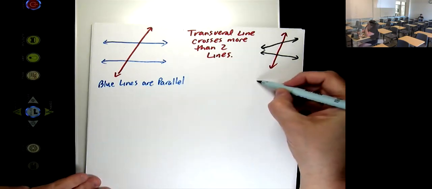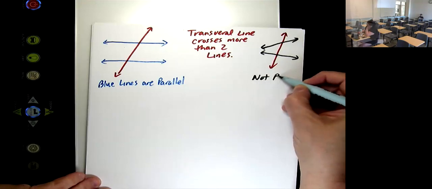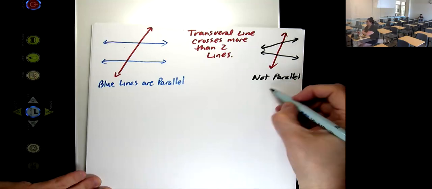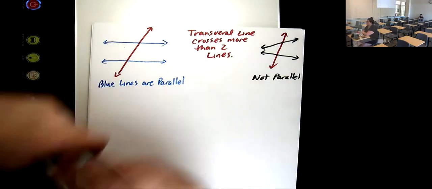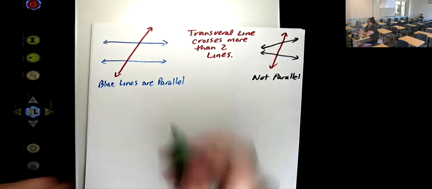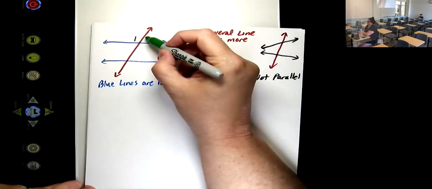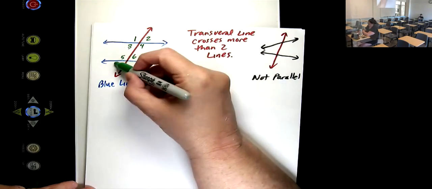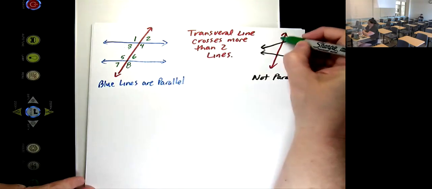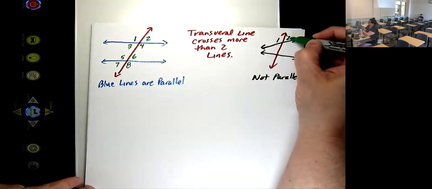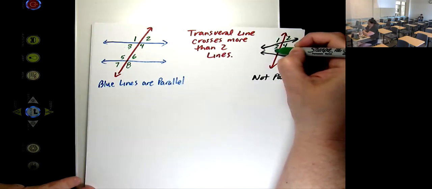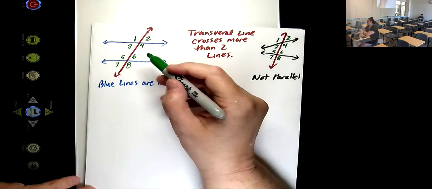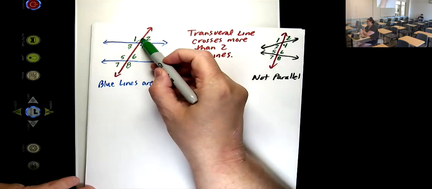Over here, they are not parallel. But I'm going to label the angles the same. I'm going to call this 1, 2, 3, 4, 5, 6, 7, 8. Over here, 1, 2, 3, 4, 5, 6, 7, 8. These represent the angles.